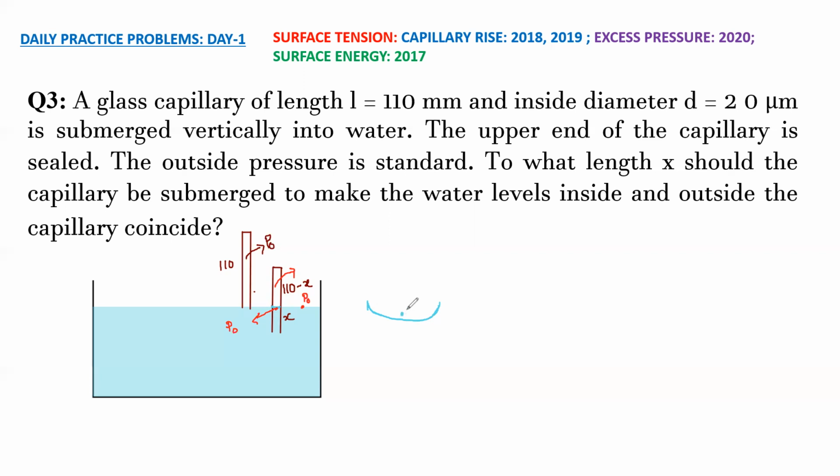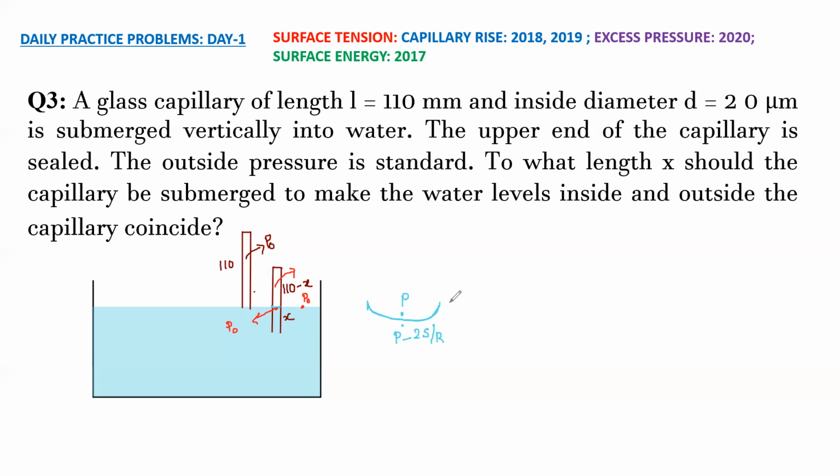Now here if the pressure is P, here the pressure will be P minus 2S by r, where r is the radius of this meniscus, because it's a spherical surface. In a spherical surface, from concave to convex there will be a drop in pressure of 2S by r, whereas from convex to concave there will be an excess pressure of 2S by r.